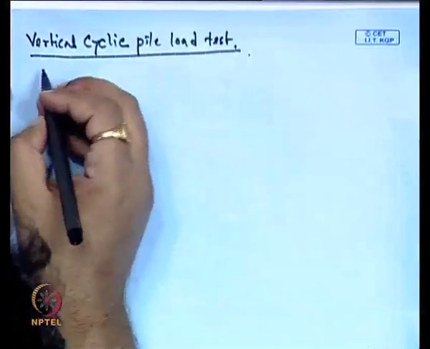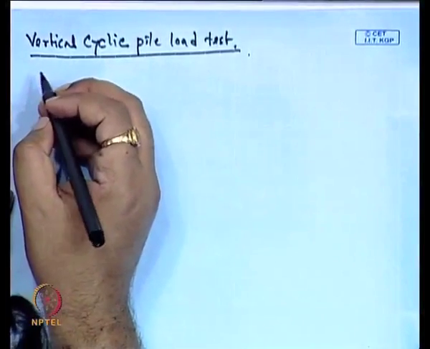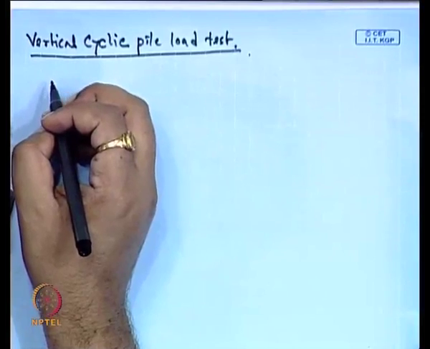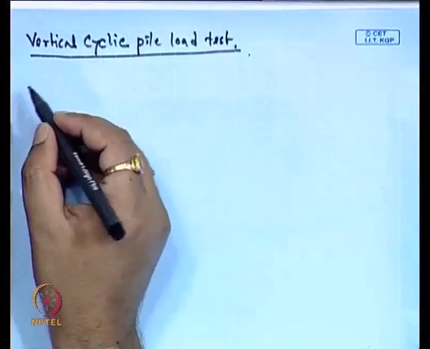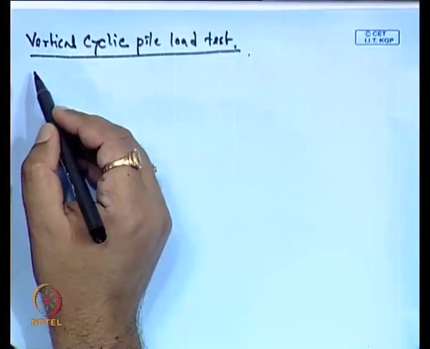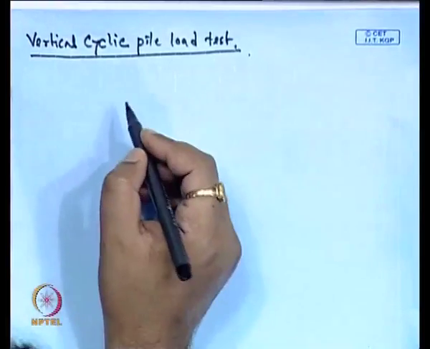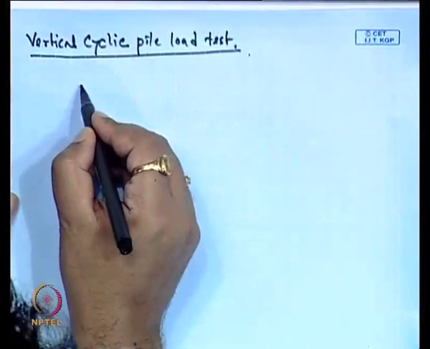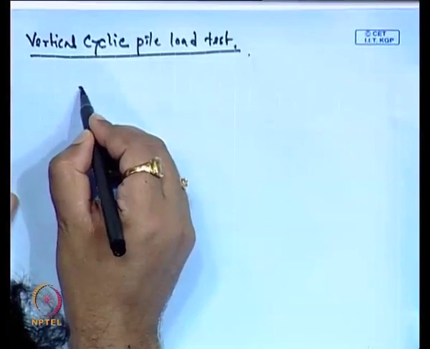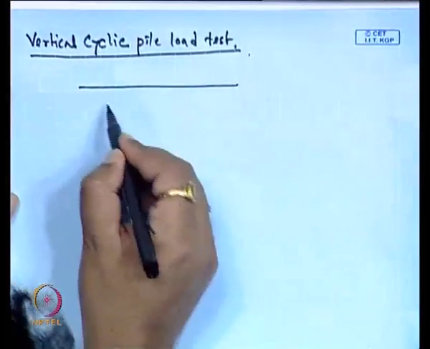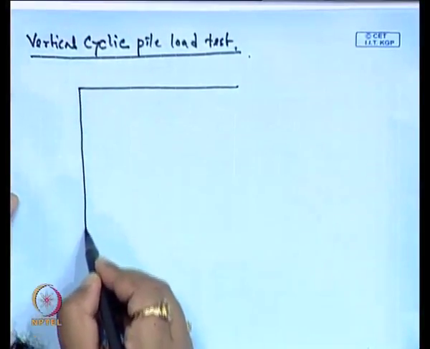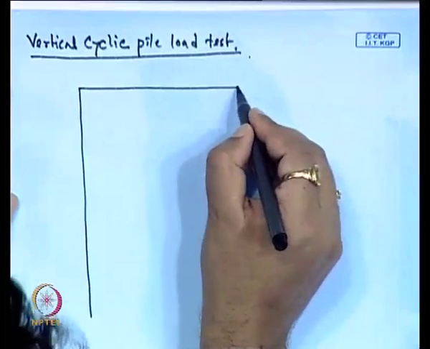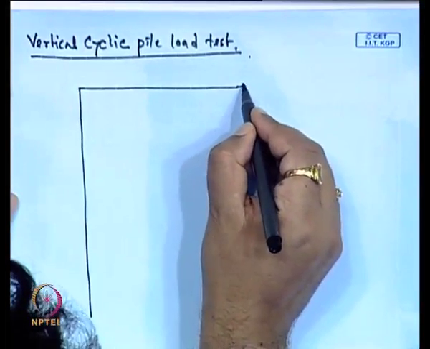This test is carried out to separate the pile load into the skin friction and point bearing on a single pile of uniform diameter. Suppose we do the load test and draw the graph.